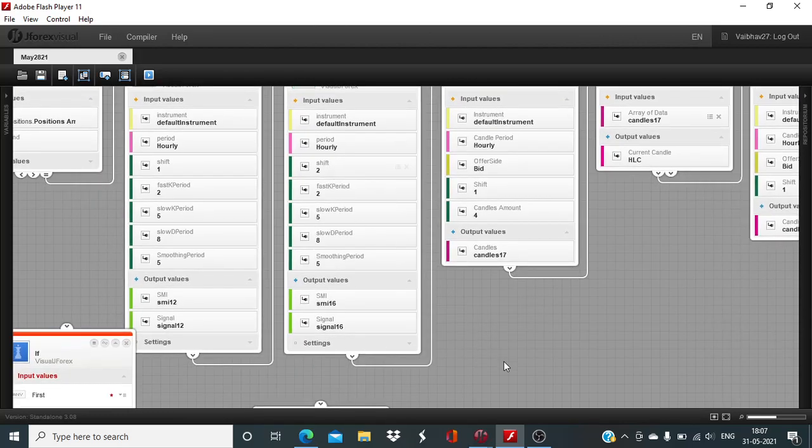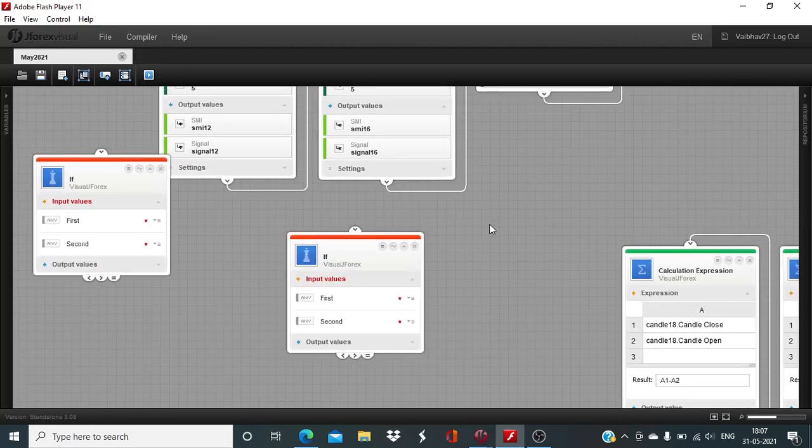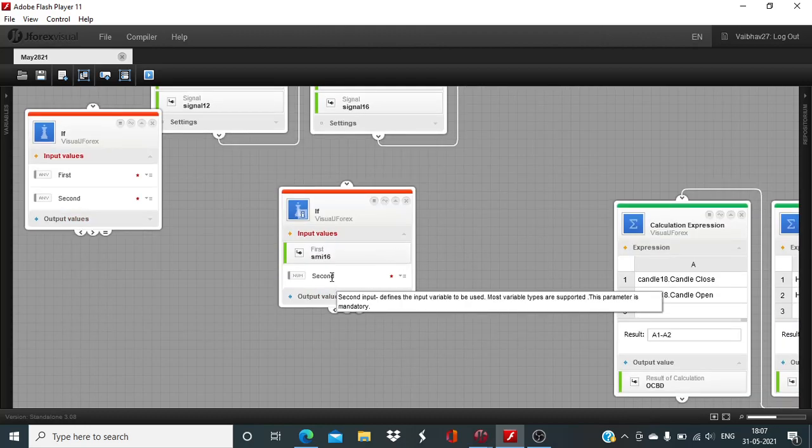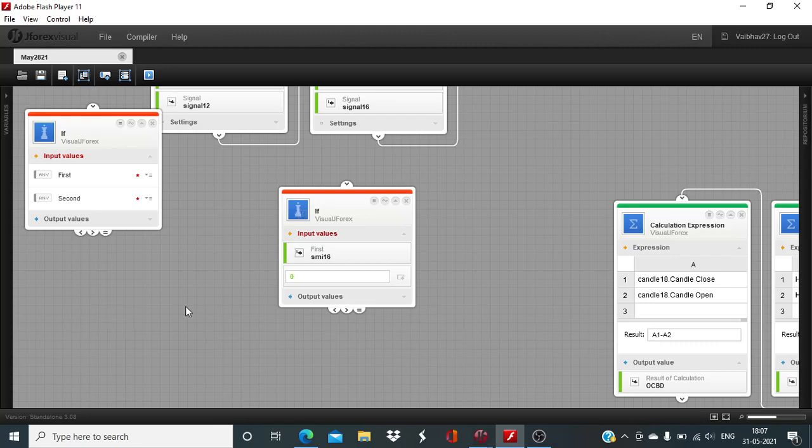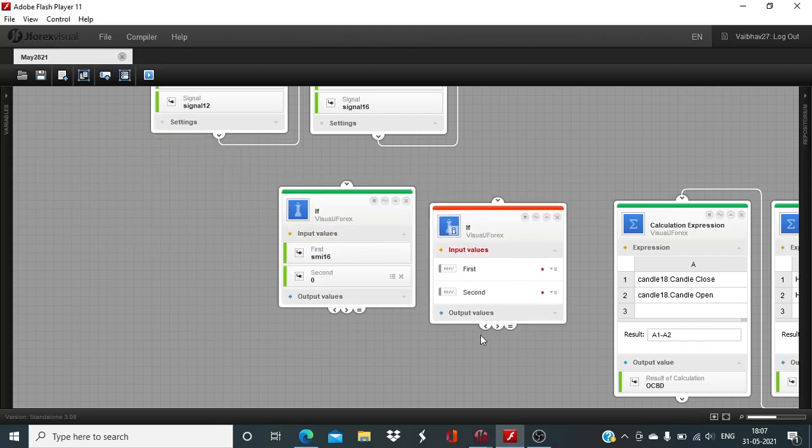It has lookback period of 2, and the output should be within the predefined limits. First input greater than second input.